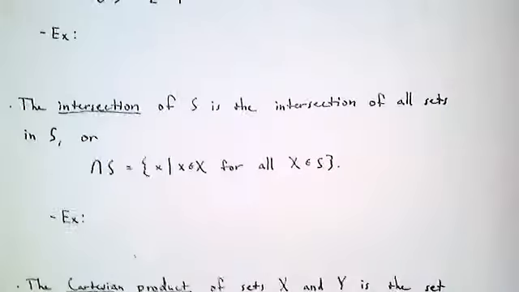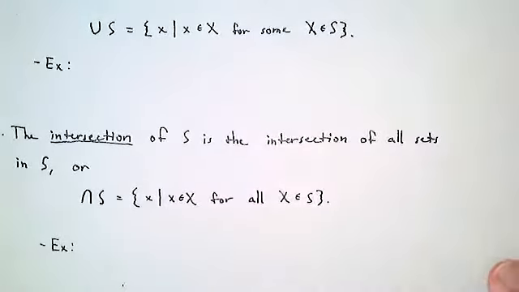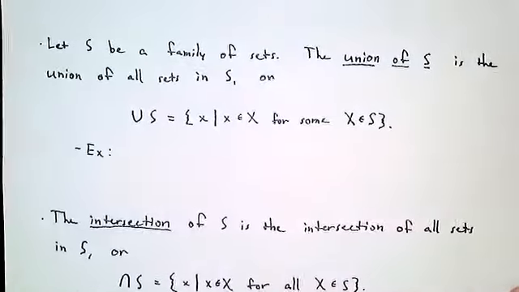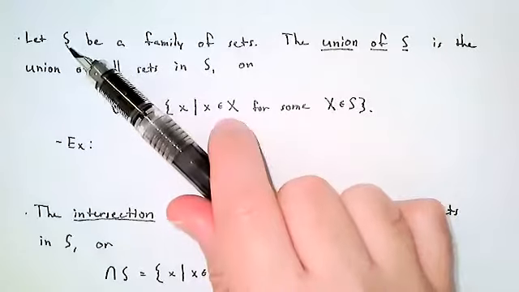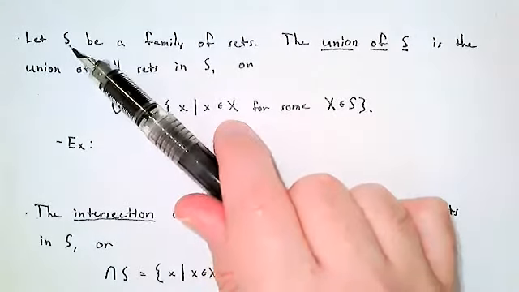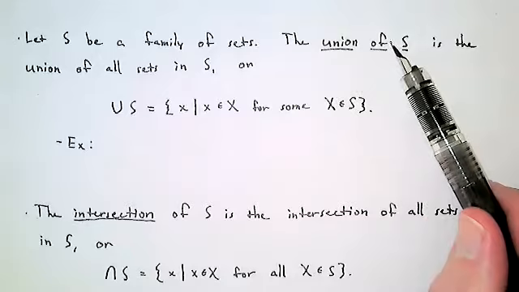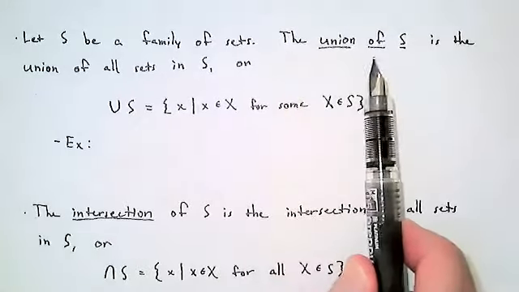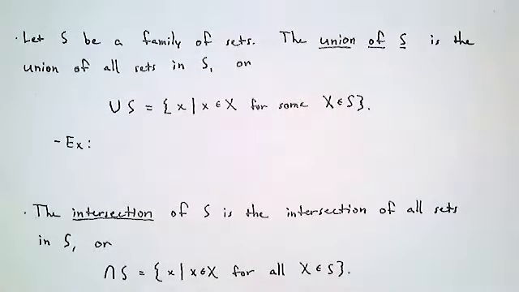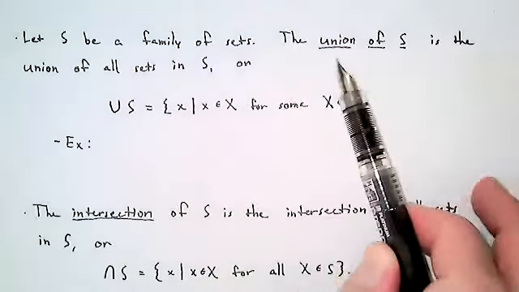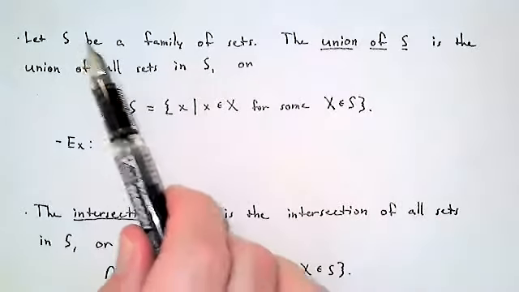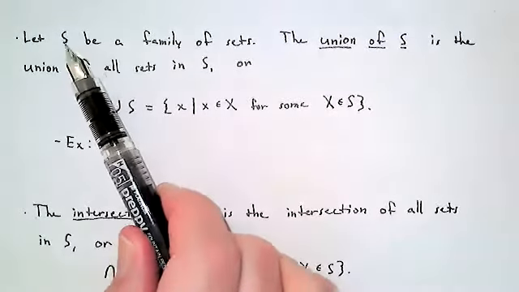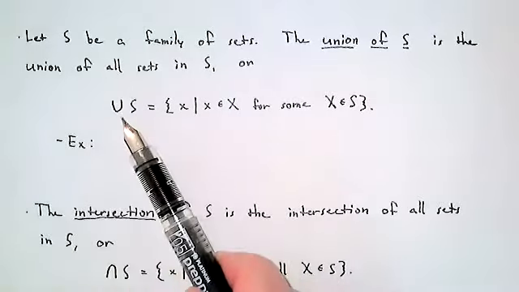So moving on to the last few things, we're going to talk about families for a minute again. So we're going to start with a family of sets, S, and I want to talk about the union of the family S. This is basically the same as the unions that we were talking about on the last couple pages, but now we're taking the union of all of the sets in S. So we're just taking all of the little sets that live inside of this family, and adding them all together to get the union.